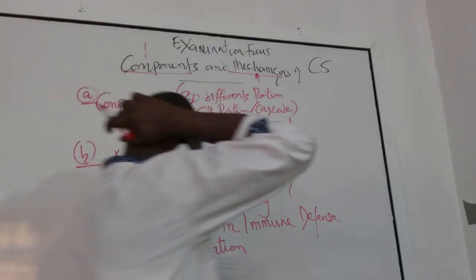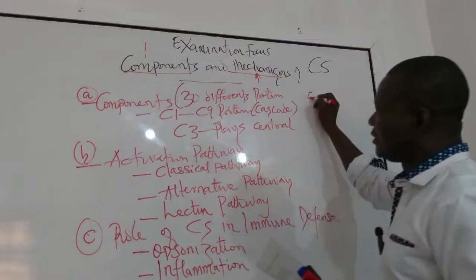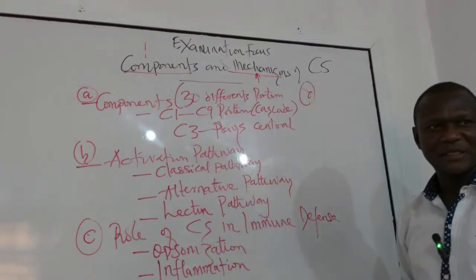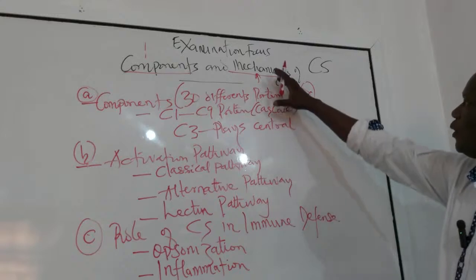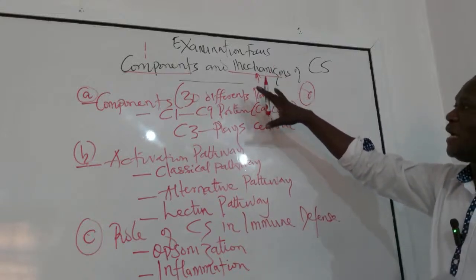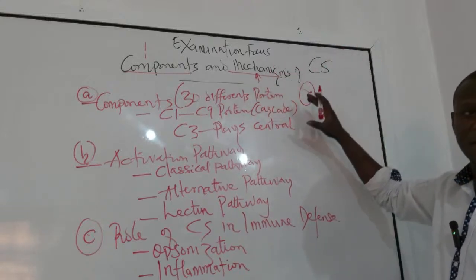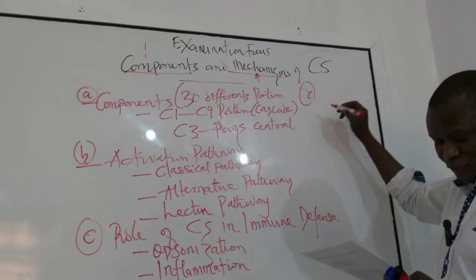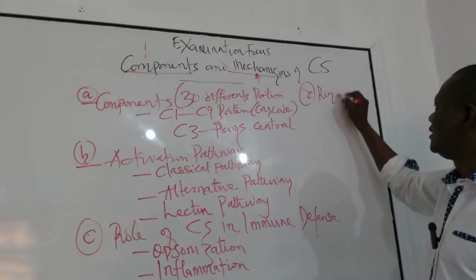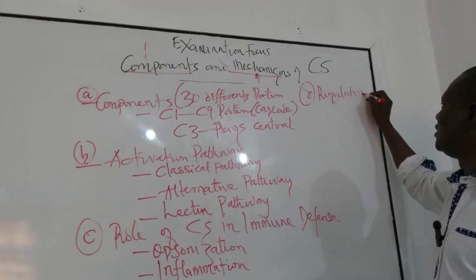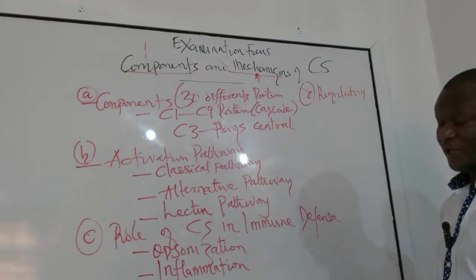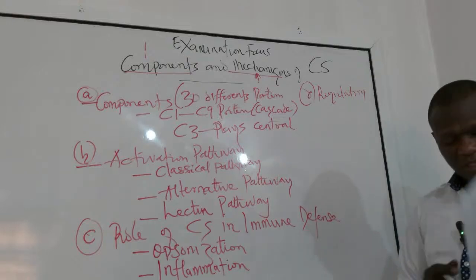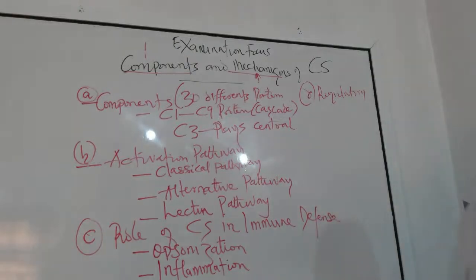And basically, after that, the fourth aspect that you also need to focus on, if you want to answer any question that has to do with components and mechanism of the complement system, is the regulatory mechanism. How is this being regulated? Don't forget that you're supposed to know why processes such as this must be regulated.